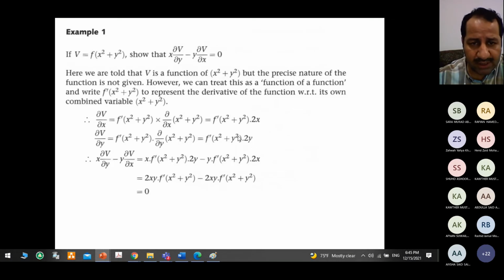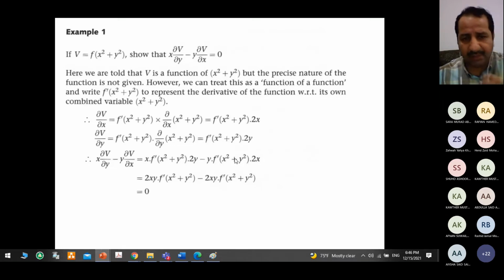Now substitute for partial v over partial x and partial v over partial y. You see x by this result, minus y by this result.